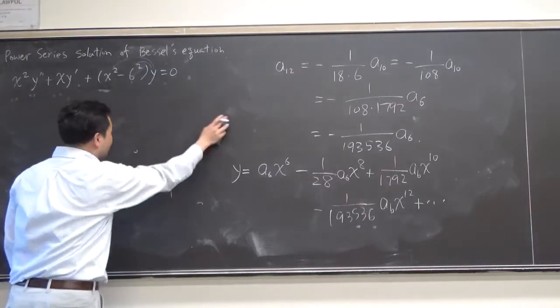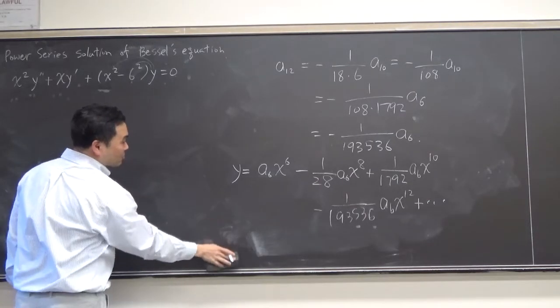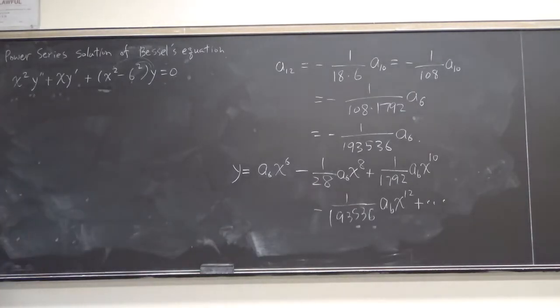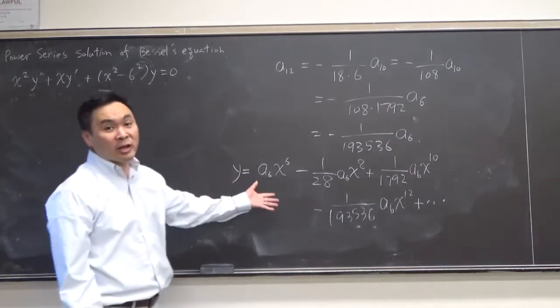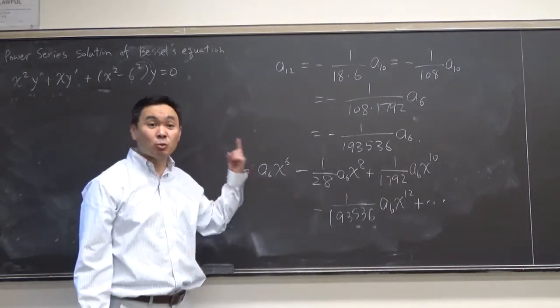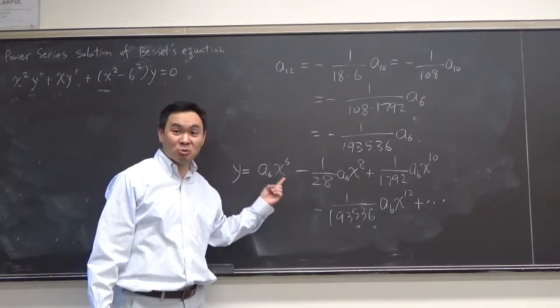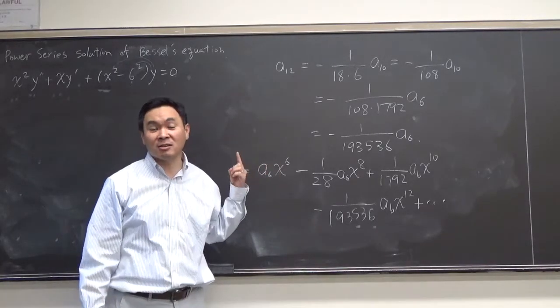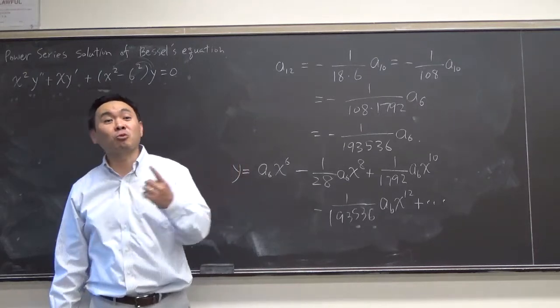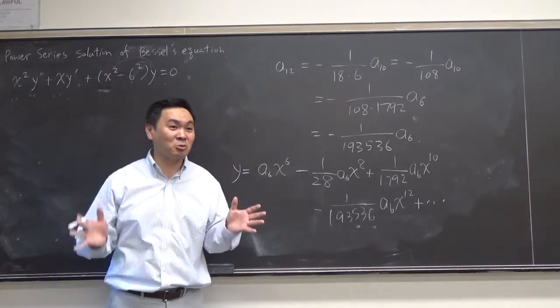But let me say a few other things about this. How many free variables does this one have? 1. Just one. It's a second order differential equation. You just found the solution with one free variable. What does that mean? There's one more, exactly. There's another solution, okay?